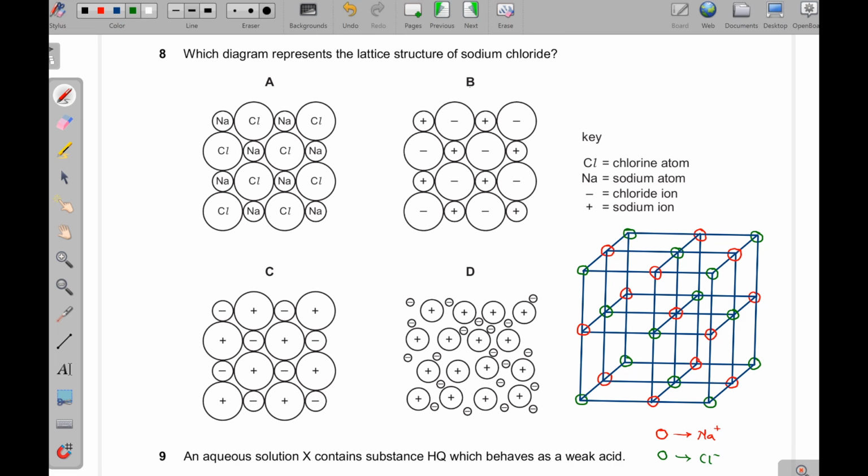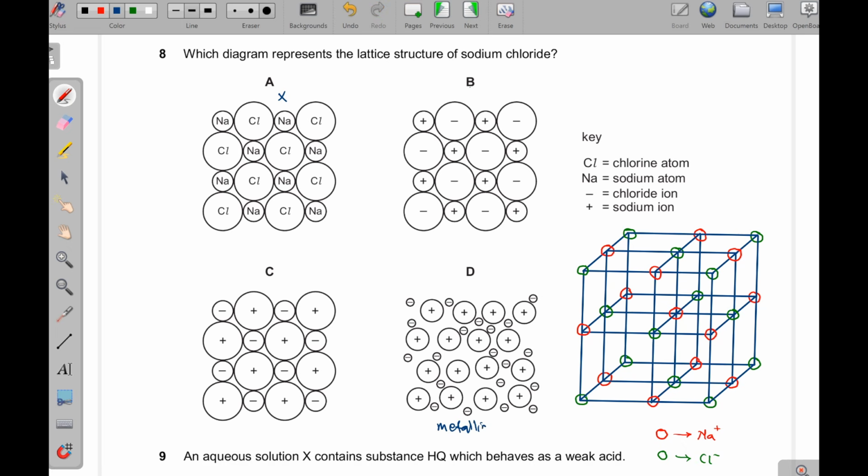So our answer is going to be, and here this one is off because they are using just sodium as an atom. It is a lattice structure, it has to be ions. So this one has to be off, and how this one is drawn, it is actually for the metallic structure.